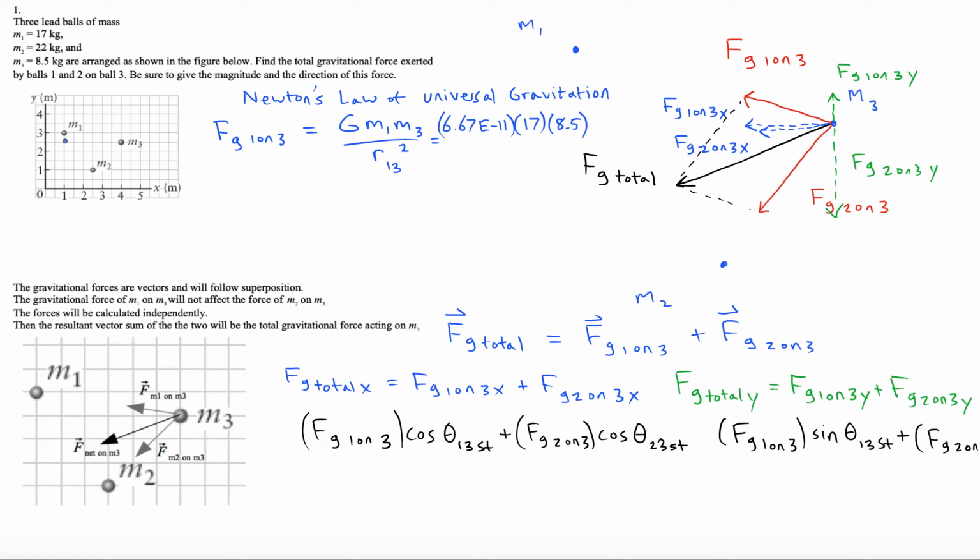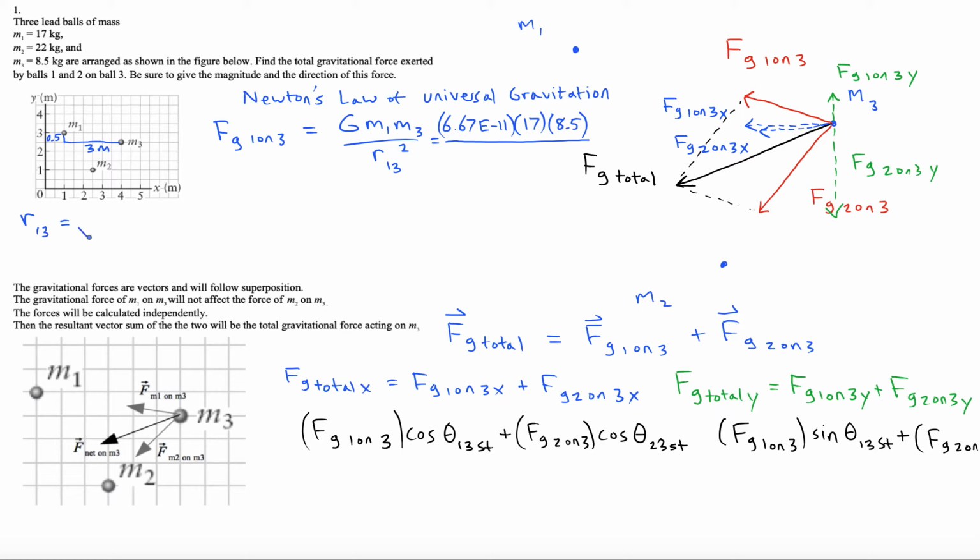For the distance between them, we see that they're separated by a distance of 3 meters in the x direction and 0.5 meters in the y direction. So we could find that distance.